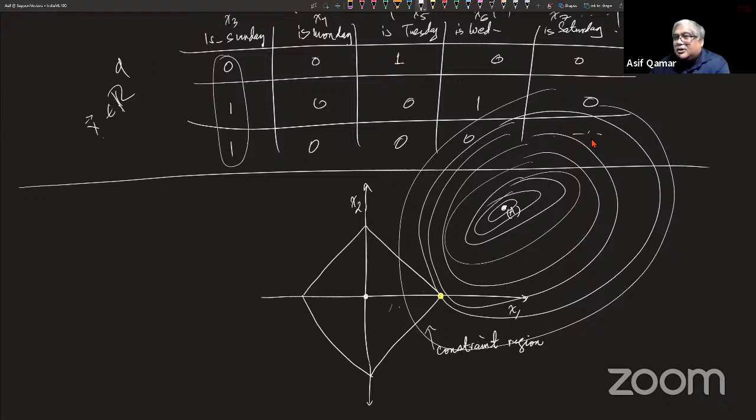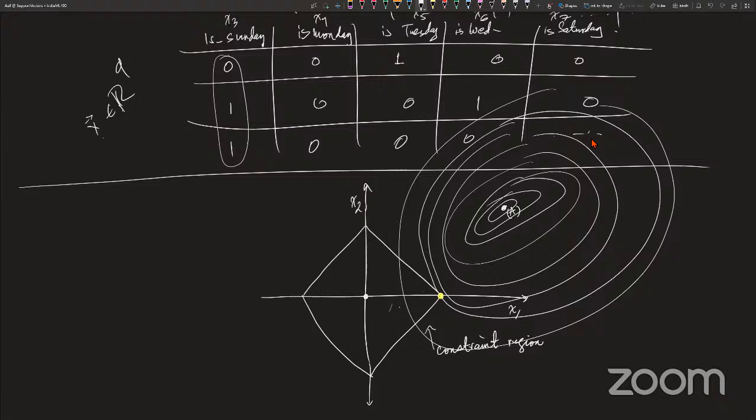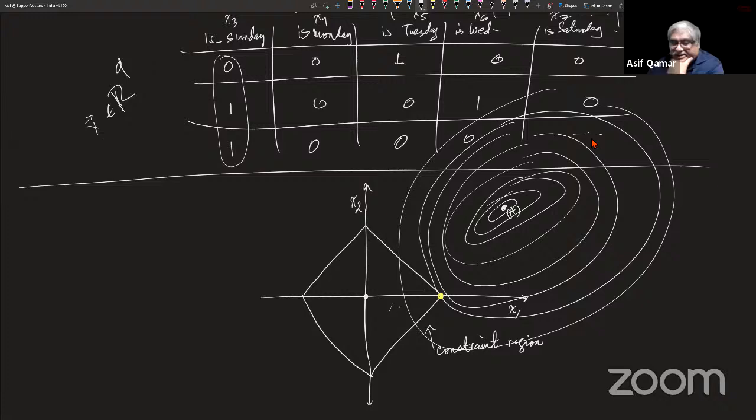So A is the absolute best solution. But if I tell you A is not acceptable, and you need to find the solution within the constraint region, then this yellow point is the best point you can come to. But now look at the yellow point very carefully. What does that yellow point say? What is the value of x2?